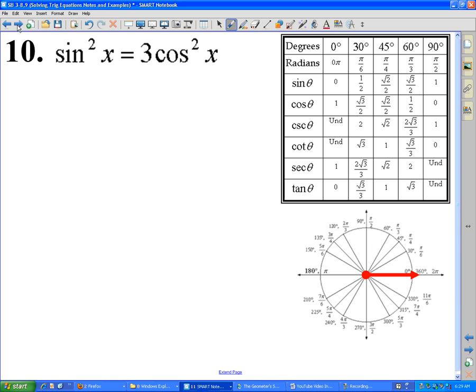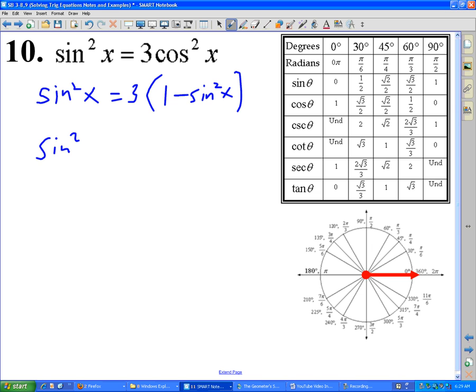It doesn't really matter which side you do. We'll just stay with sine squareds, and we'll turn the cosine squared into 1 subtract sine squared. That's a Pythagorean identity substitution. That's all that is.